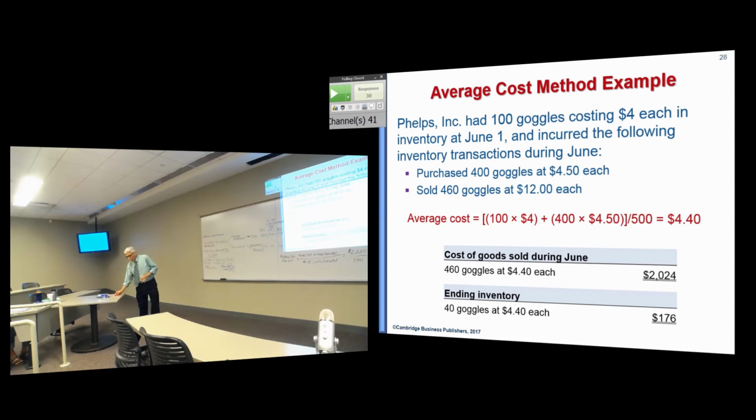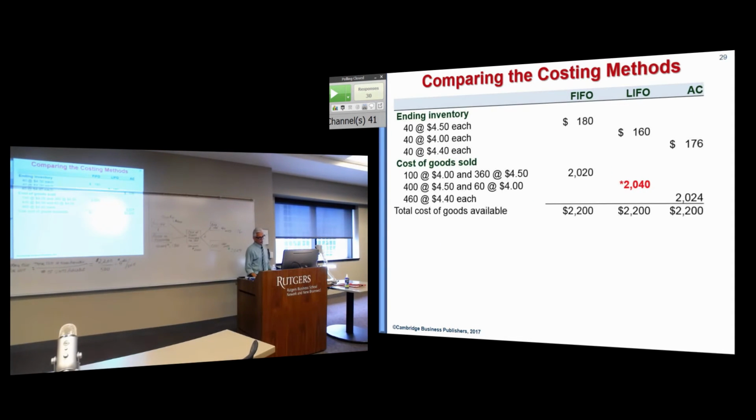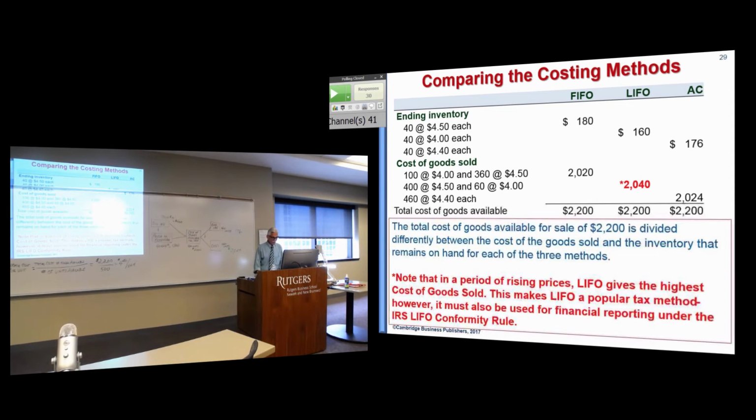All right, so again, to summarize, and this is also on the next slide with your scoreboard, it gives you the amounts. And again, we tell you that in periods of rising prices, LIFO gives you the highest cost of goods sold. That's the tax benefit. And by the way, that's the only place where cash flow comes in.